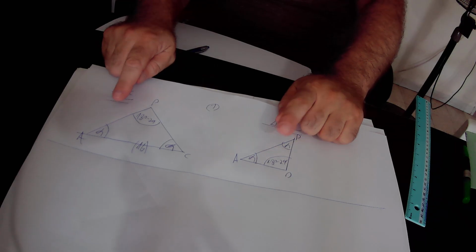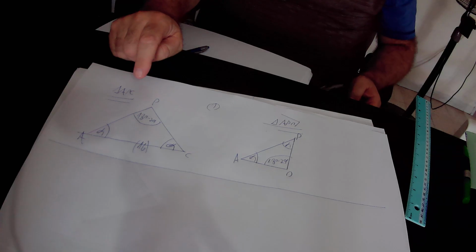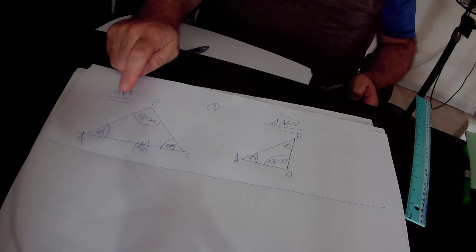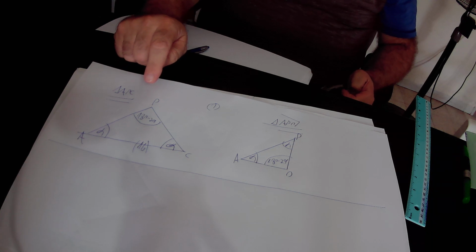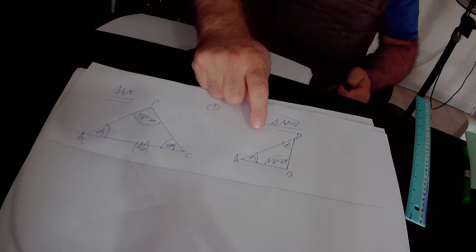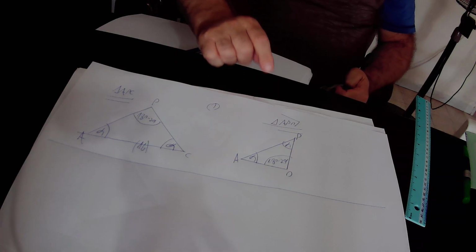So we found out that all the angles in the big associated triangle APC are correspondingly equal to all the angles in the small associated triangle APO. So write it down.